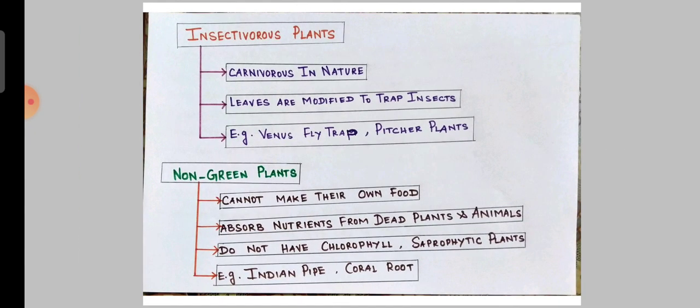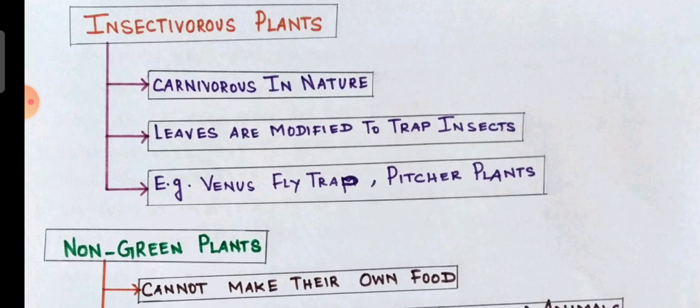And insectivorous plants. So, do you know what is meant by insectivorous plants? Some plants are carnivorous in nature and their leaves are modified to trap insects.